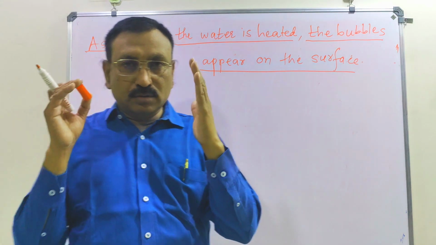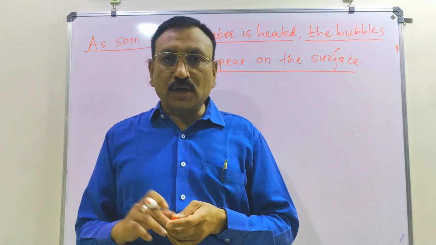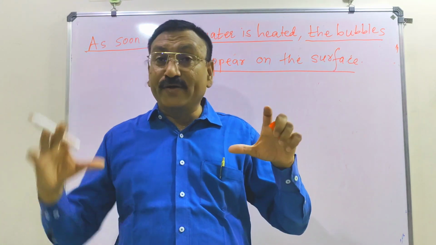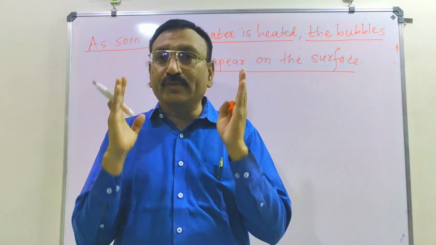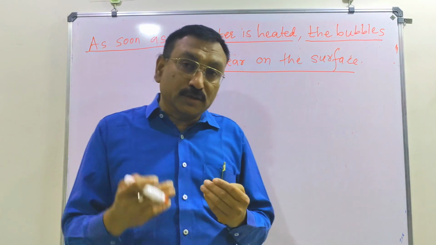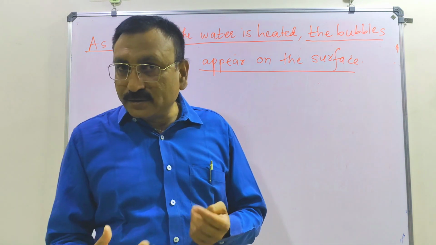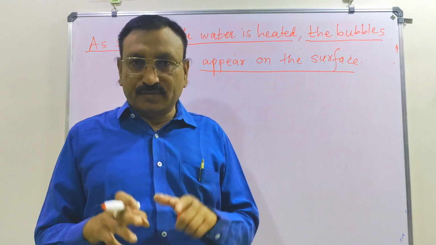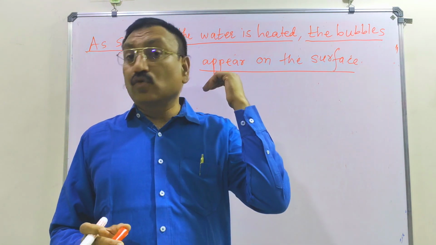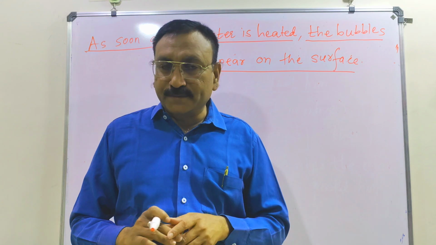So the conjunctions like as soon as and no sooner are used to show a cause-effect relationship between two events. Heating the water is the cause, and what is the effect? The bubbles appear on the surface. So this is the effect, cause-effect relationship. Both the conjunctions, as soon as and no sooner, indicate it.